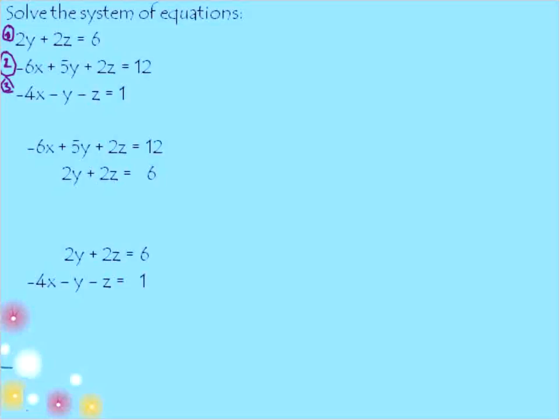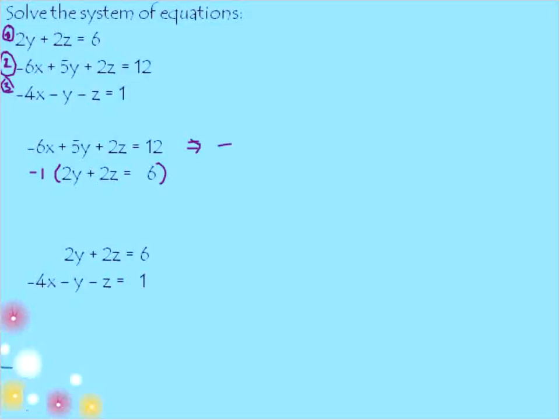So I'm going to work with equations 1 and 2 first here, and I'm going to eliminate a variable. As you can see, it looks like it would be easiest to eliminate the z variable first, because we have 2's in front of the z's, and all we need to do is make one negative. So I'm going to multiply the top equation by -1.